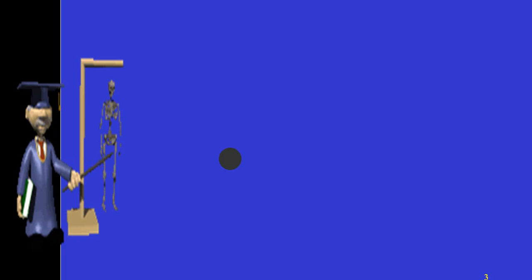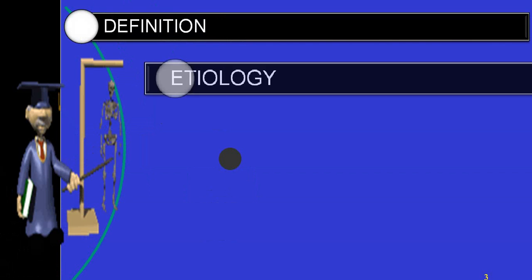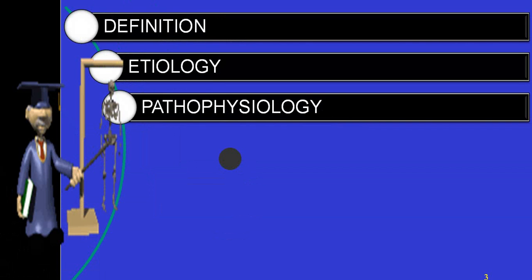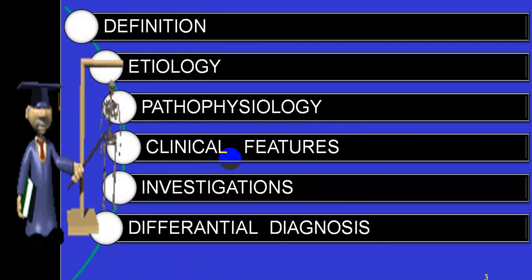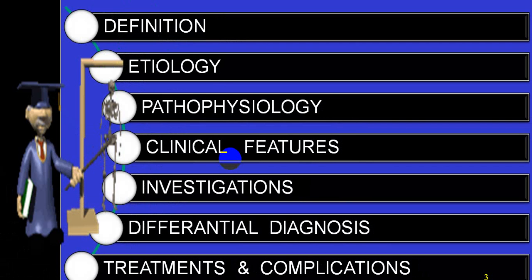The meaning is very simple. Sclerosis is fibrosis and derma means skin. So it is a fibrosis which is setting in the skin, we call scleroderma. And when it involves almost the entire body with multiple organs, we call it systemic sclerosis.